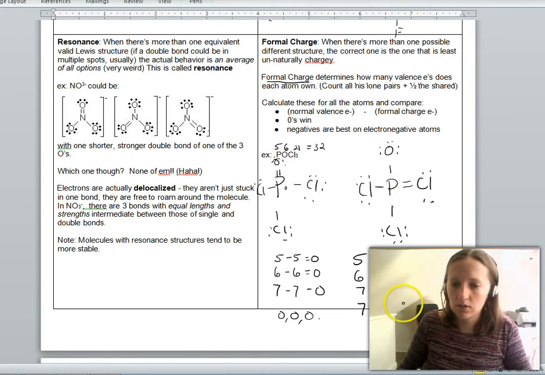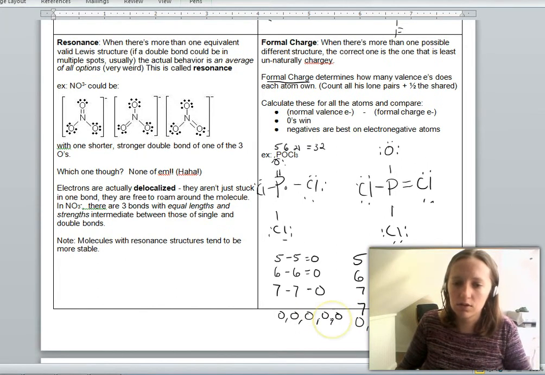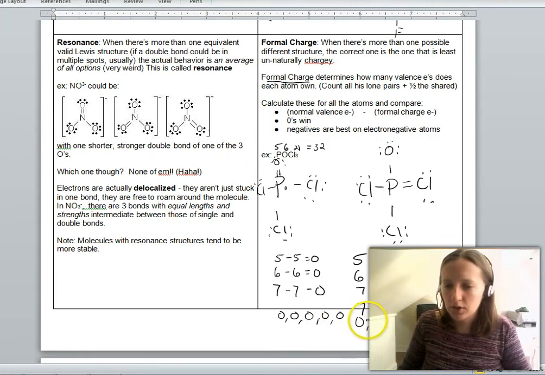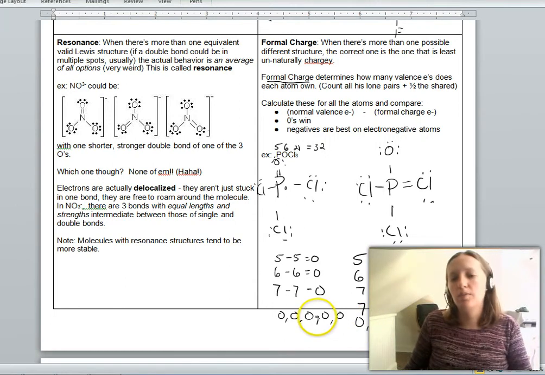So that's going to be a 1. So we have a score here of 0, -1, 0, 0, 1.